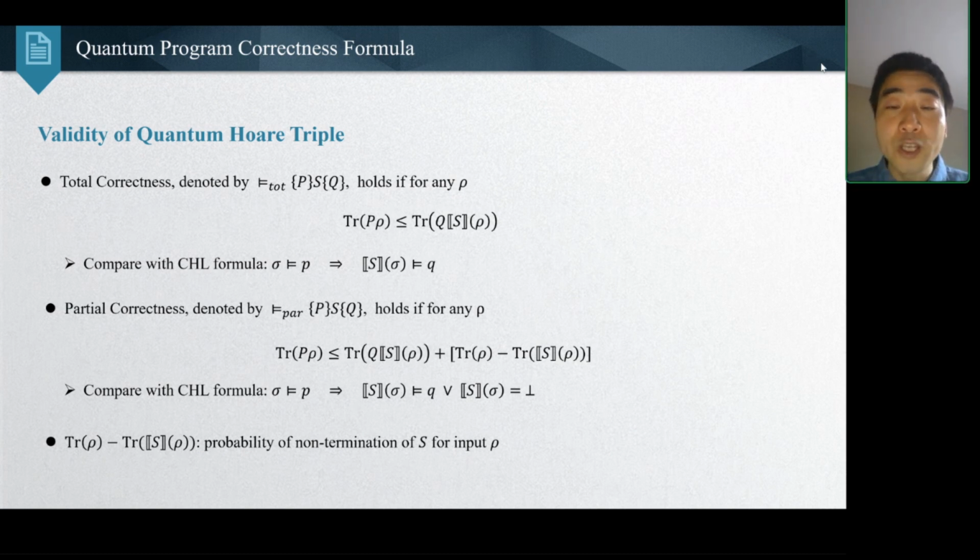The last part, trace of rho minus trace of S rho, just denotes the probability of non-termination of rho.